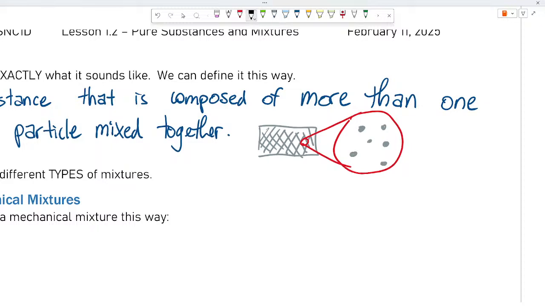And then there's also some carbon atoms floating around. Iron and carbon, which one's that? What alloy? Very good, steel.